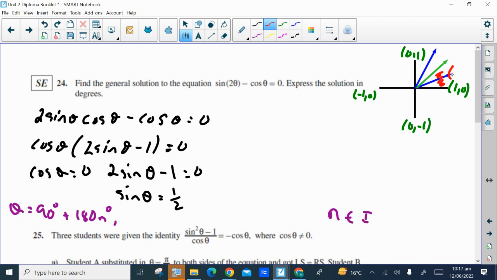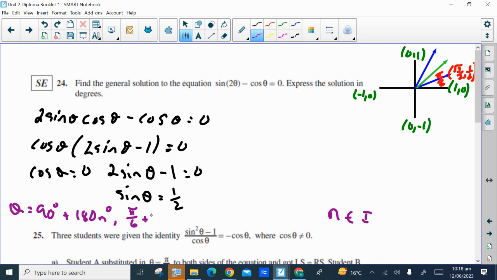And the coordinates there are root 3 over 2, comma, 1/2. And that is where the sine is 1/2, because sine is the second number on the unit circle at the coordinates. And so pi on 6 is one answer.